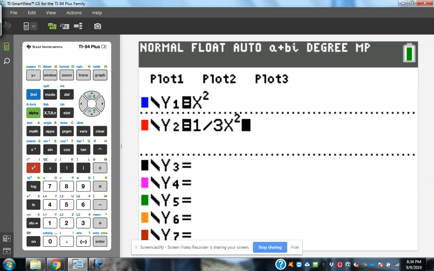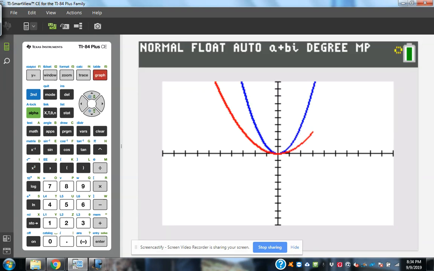That's 1/3 x squared. Hit graph. The blue one is the original. This one is the one that's been compressed. Pressed it down, it spread out. That's what a vertical compression does. Multiplying by a small number on the outside. Okay.